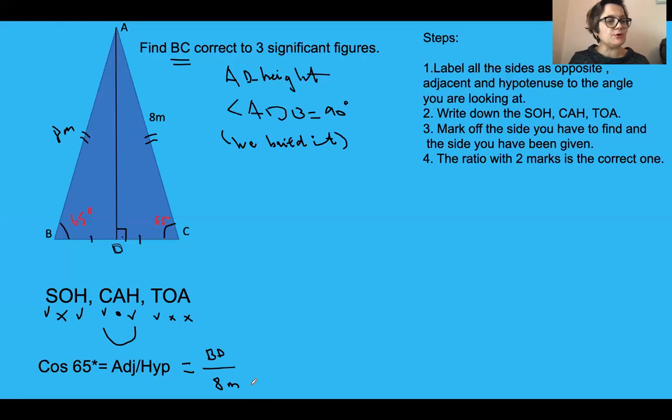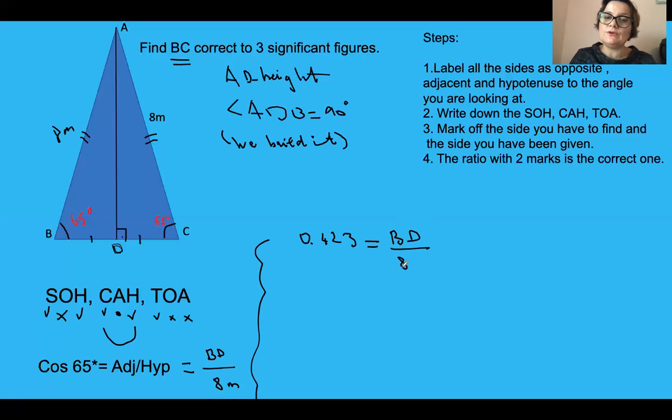The answer is 0.423, correct to 3 decimal places. So I'm going to draw a little line here. Cos 65 is 0.423 equals, I'm going to write the right-hand side as it is, BD over 8.